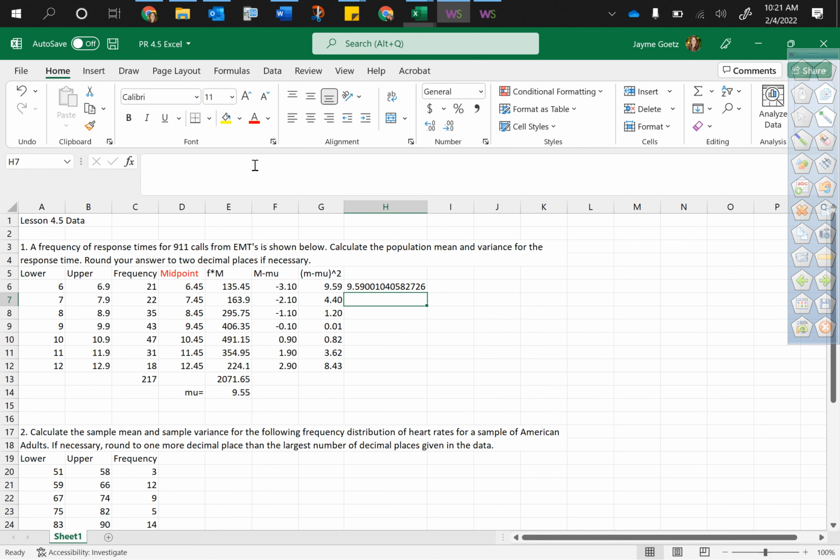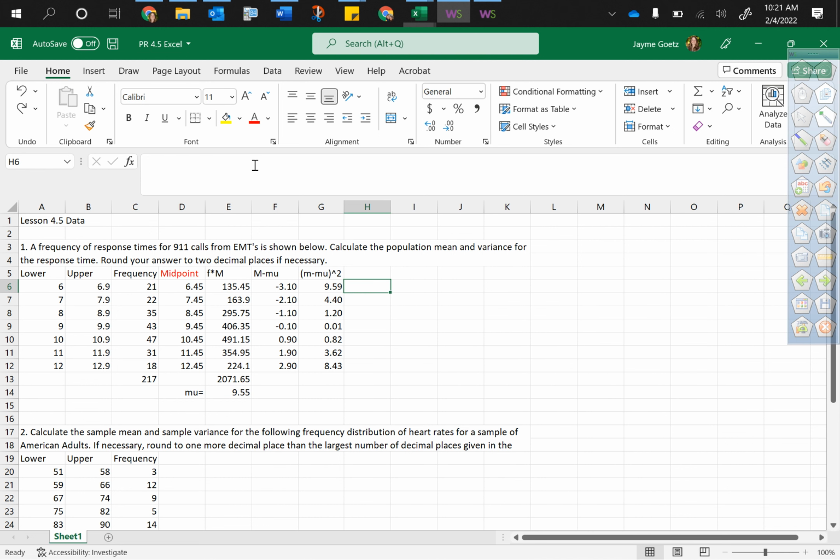You are welcome to do that, but I'm typing it as a table so you know what we're doing. So it's progressive. You're taking just this cell, right before it, and squaring it, so to the second power. And then you're just dragging it down.